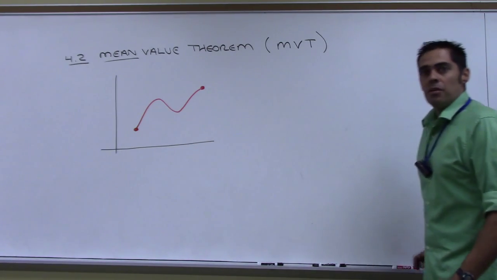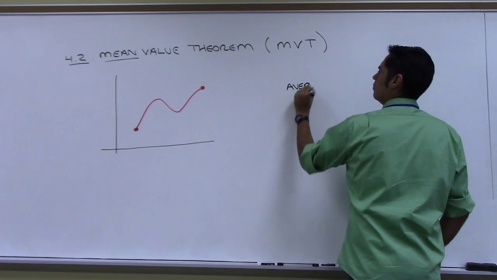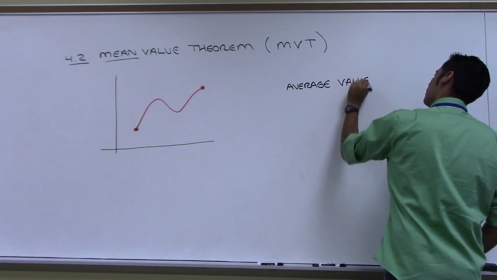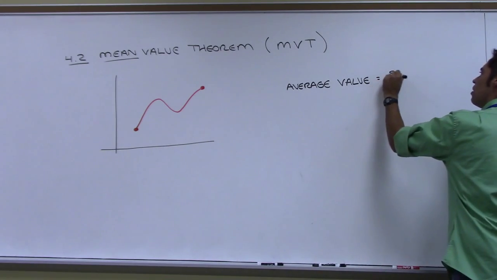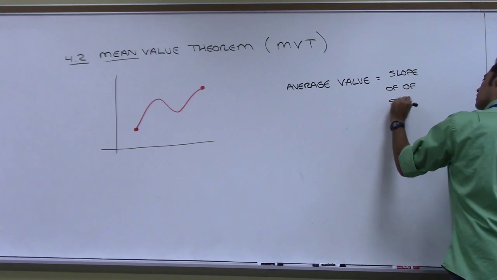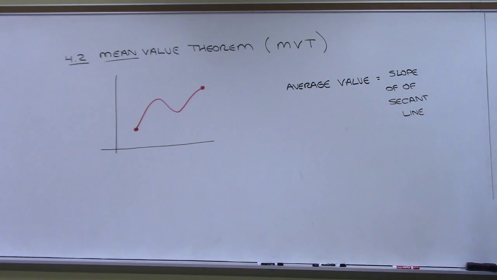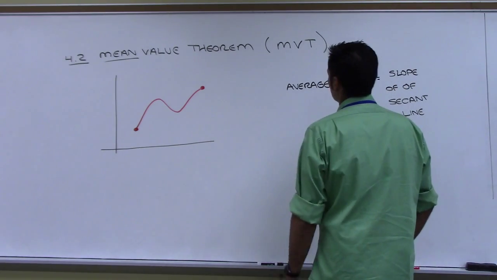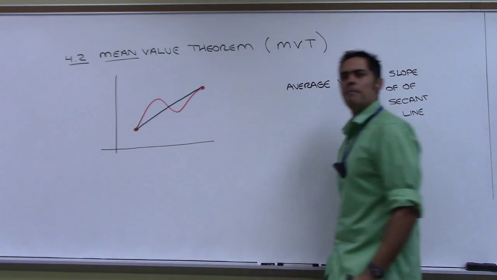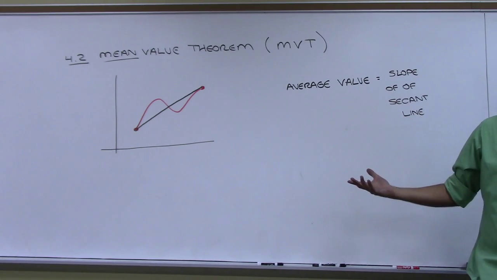The average value of this function is going to be equal to the slope of the secant line. I'll try and convince you of that in a second. If I take this line connecting the two, I'm saying the slope of that line is the average value of the function.